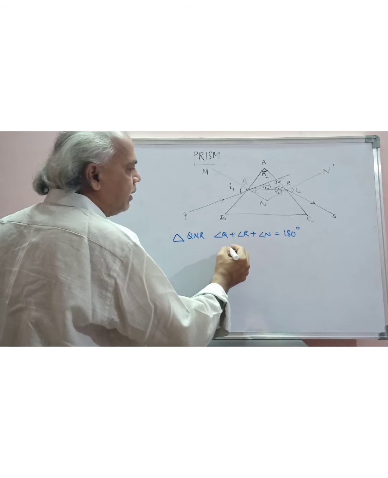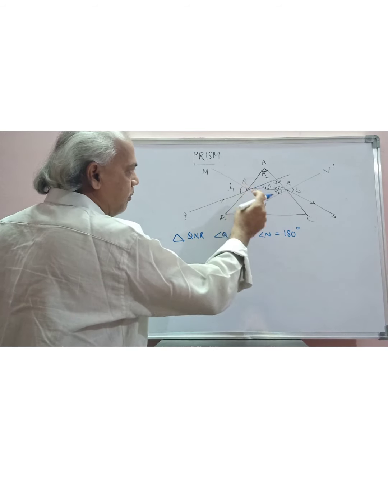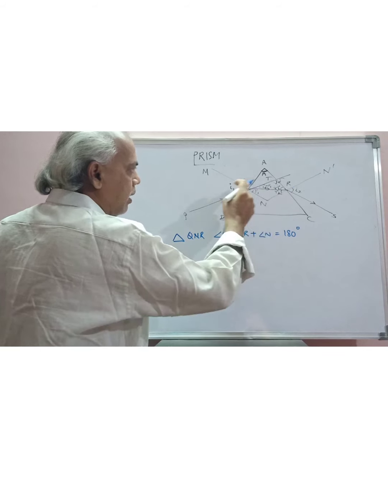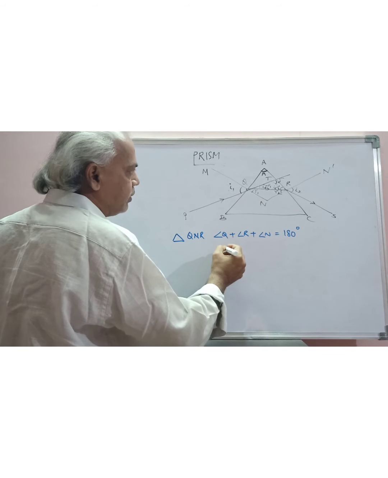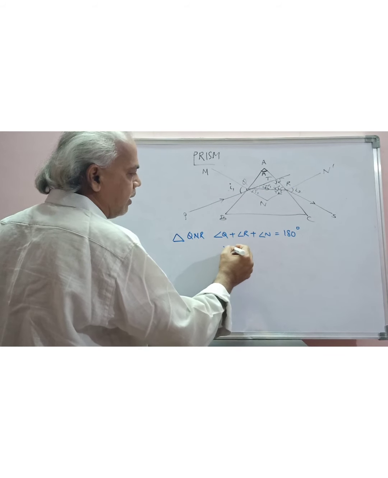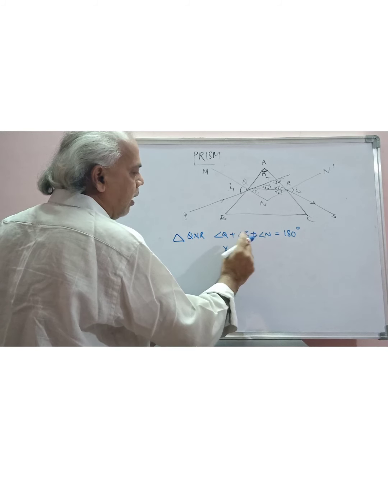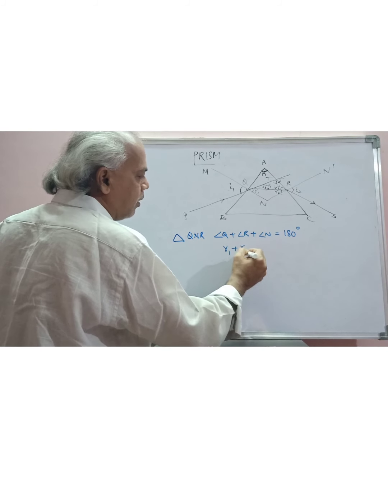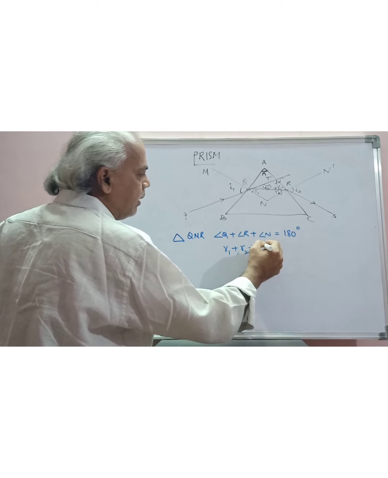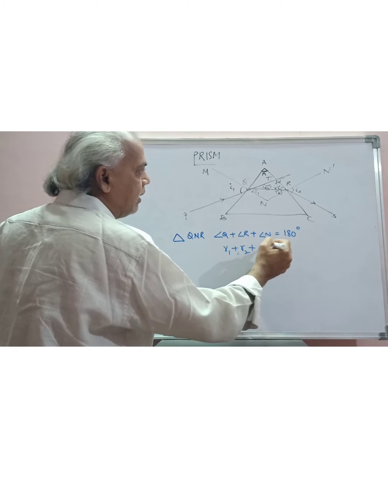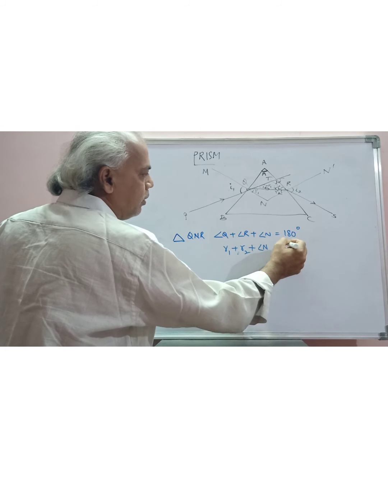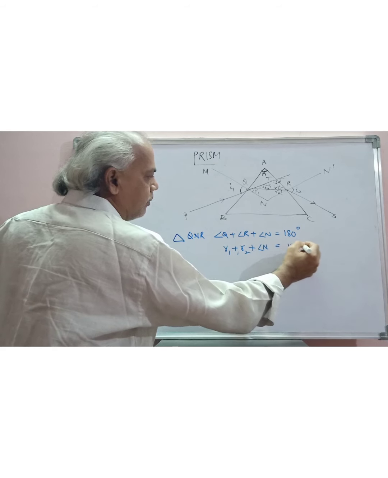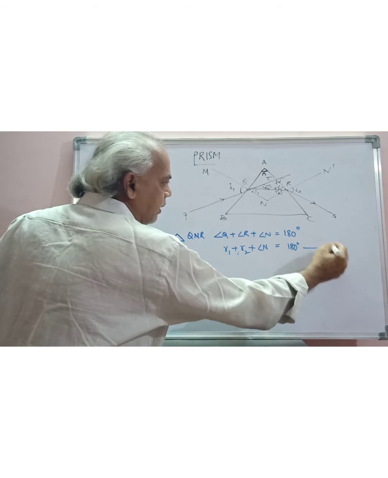Here in triangle QNR, angle Q is R1, plus R2, plus angle N, is equal to 180 degrees. It is equation 2.